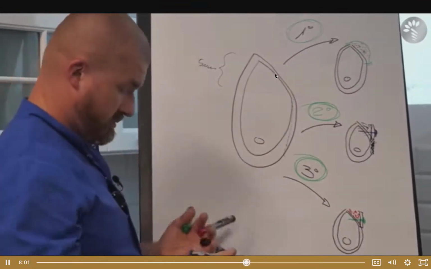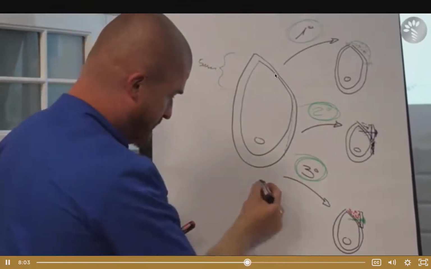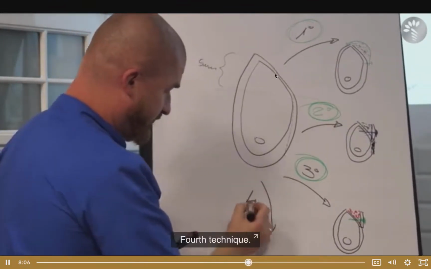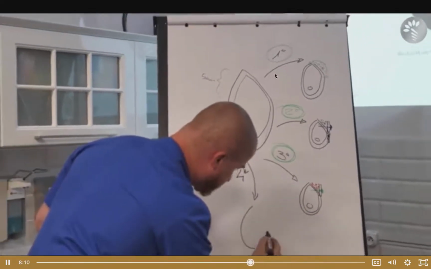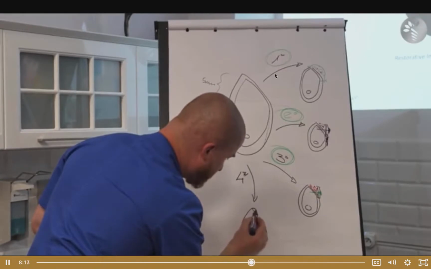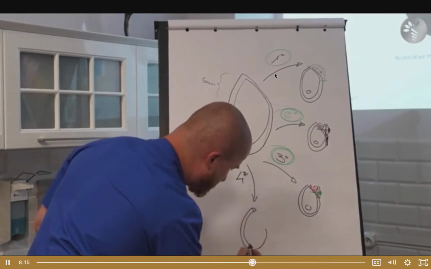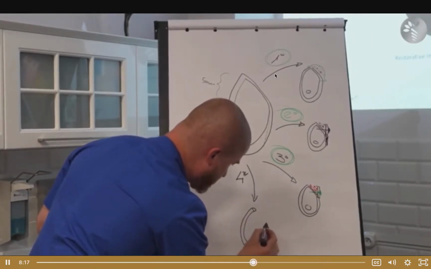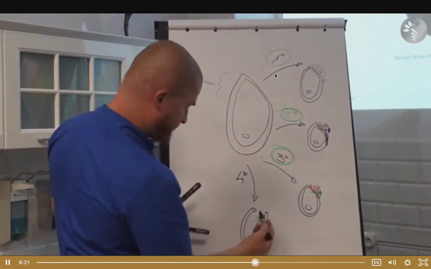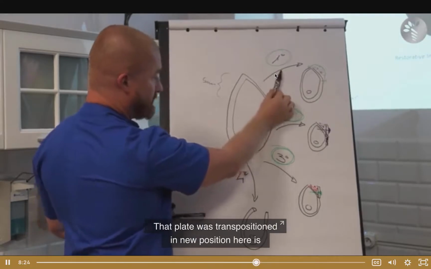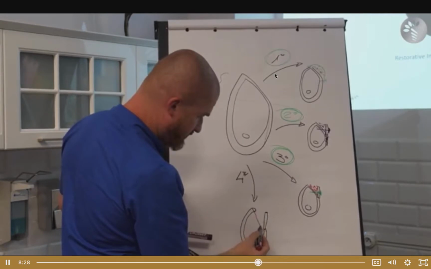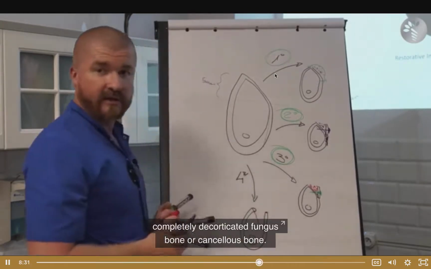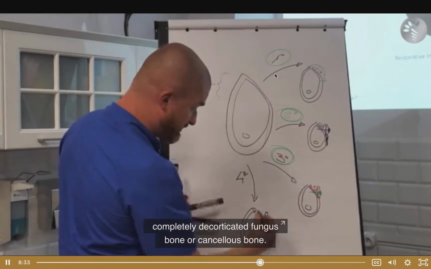So, let's do it. Fourth technique. Okay. That plate was transpositioned to a new position. Here is completely decorticated spongious bone or cancellous bone.